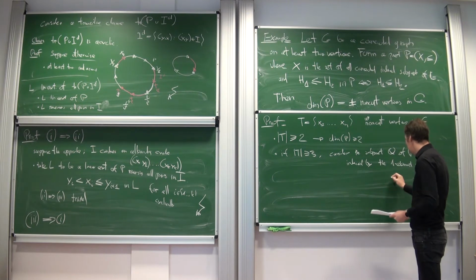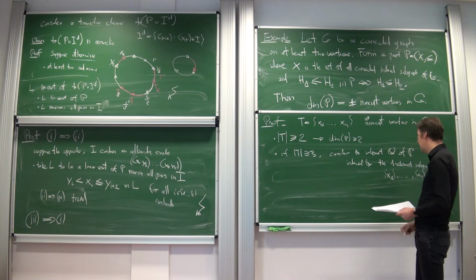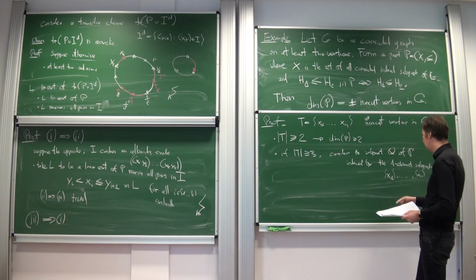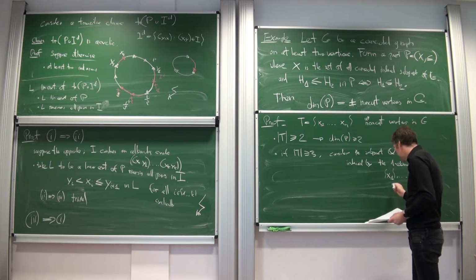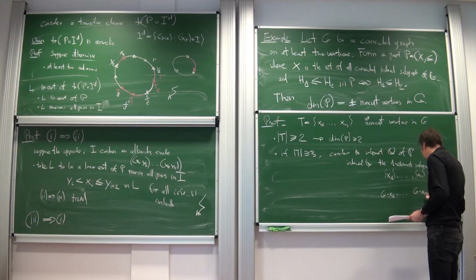So x1, as a subgraph, up to xn, and their complements, like G minus x1 up to G minus xn.